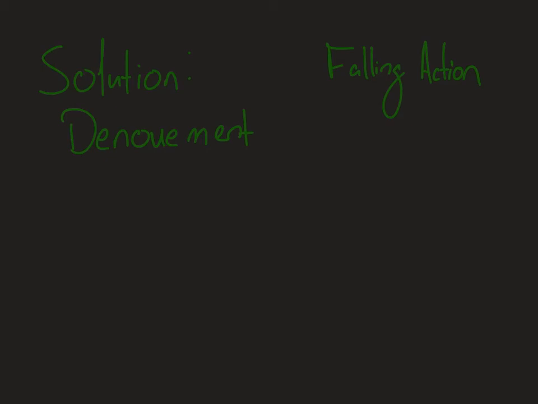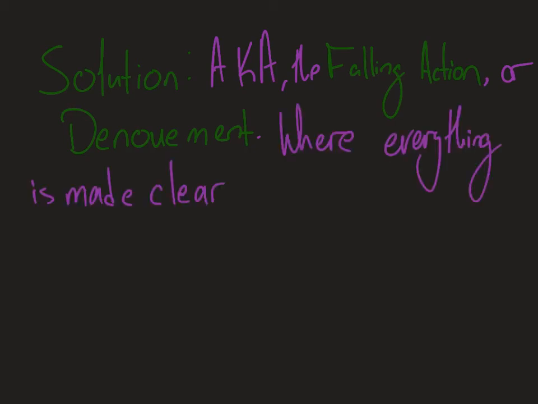In other words, it's basically the falling action, or the denouement, whatever you want to call it, whether it's solution, falling action, denouement. It's after the climax of the chain of events, where everything is made clear. For the Scooby-Doo gang, it's where the criminal tells them why he was doing it.